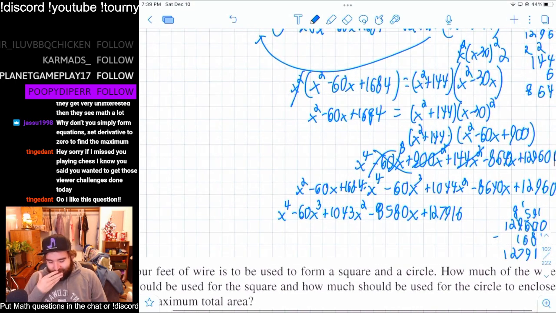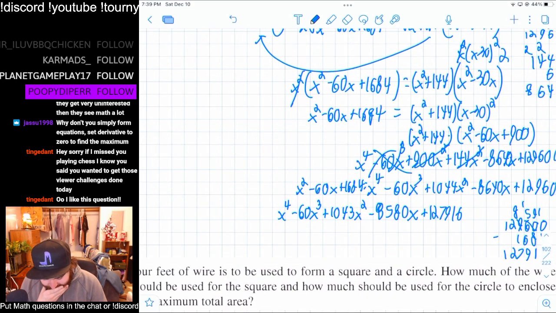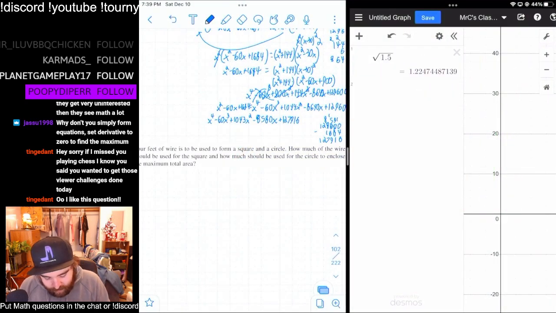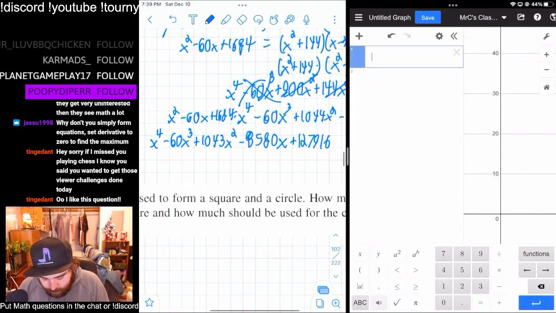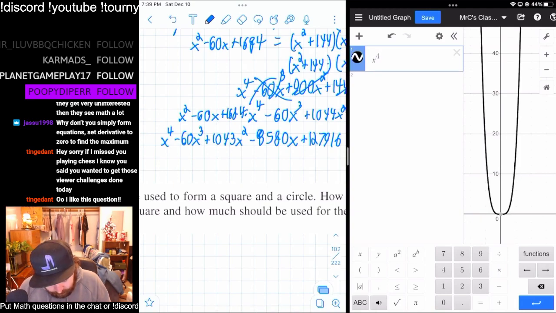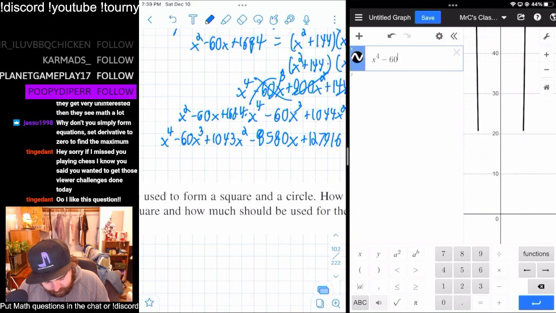There's no way that I did that right. How do I keep making these ridiculous mistakes? Unless it's just a calculator problem. But I'd be surprised if they wanted to make this a calculator problem. X to the fourth. Let's just see what this graph looks like then.